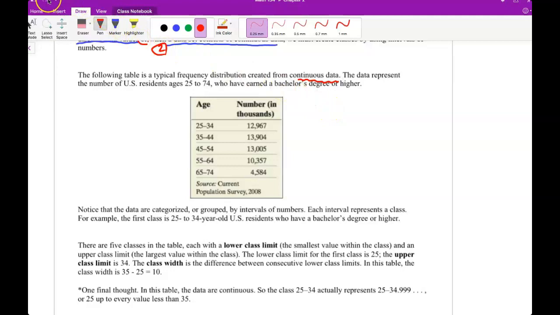So that is using continuous data. The data represent the number of the US residents ages 25 to 74. So here we have 25, starting with 25 up to 74, who have earned a bachelor's degree or higher.